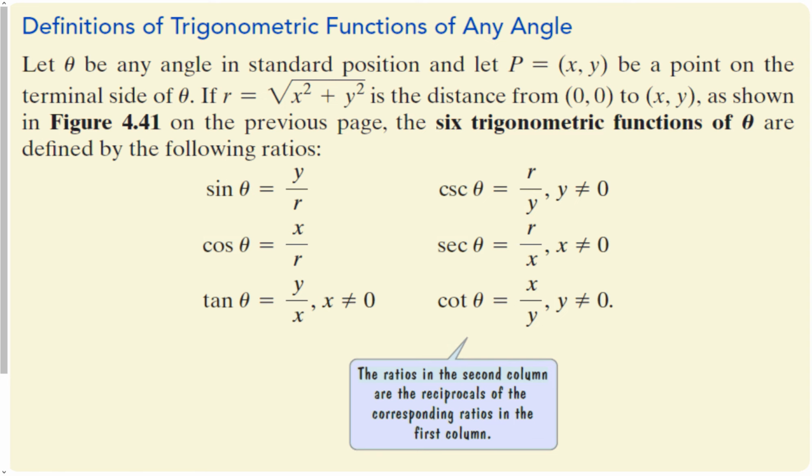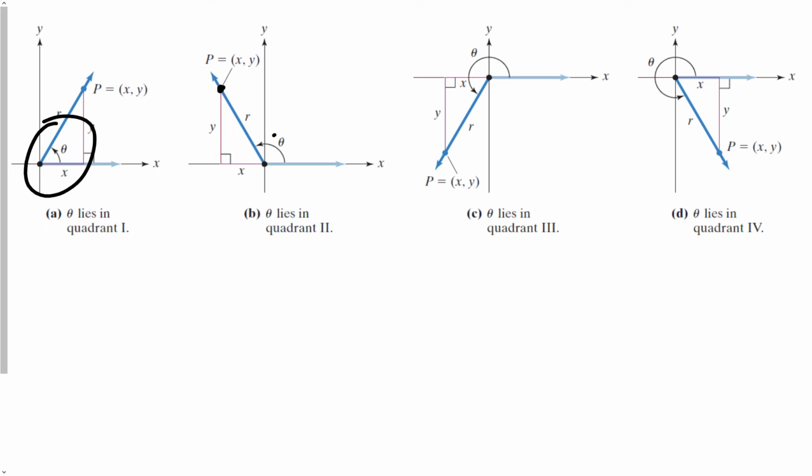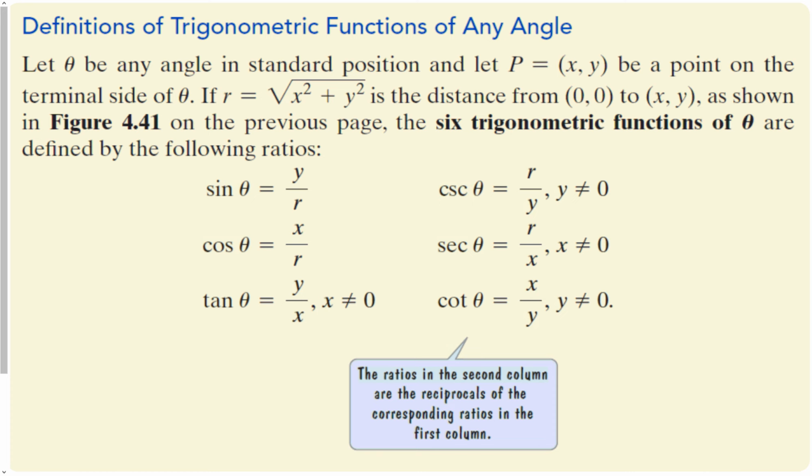If I knew the x coordinate and the y coordinate, the way I could get the radius is from the Pythagorean theorem, because x squared plus y squared is equal to r squared, or a squared plus b squared is equal to c squared. By taking that Pythagorean theorem, we know the radius to be the distance from here to here. Distance formula, Pythagorean theorem, one or the other, come right from each other.